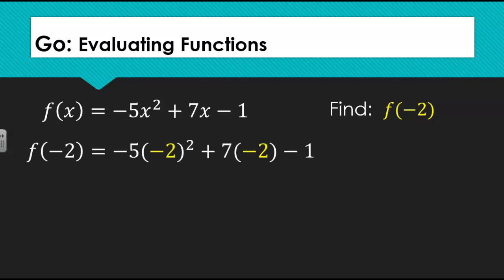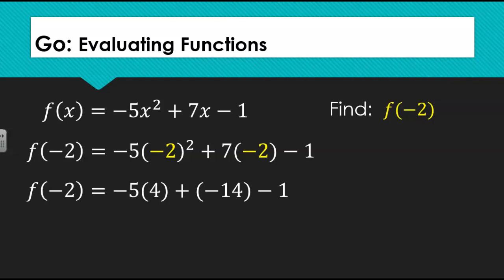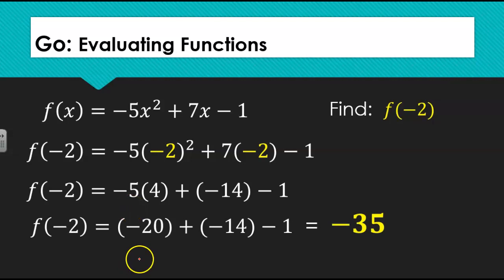We're going to use order of operations, so we're going to square that -2 to get +4. And in the second term, we are multiplying the 7 by the -2 to get -14. Next, we will multiply this first term, the -5 times the 4, to get -20. And now we have 3 terms that we will simply add together to get -35. So the function of -2 is -35.